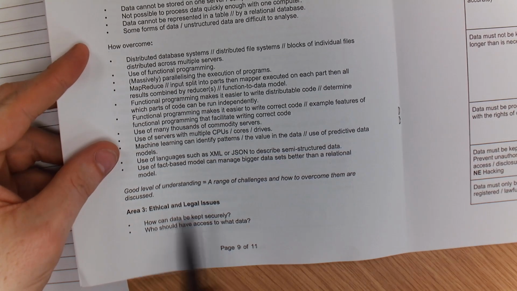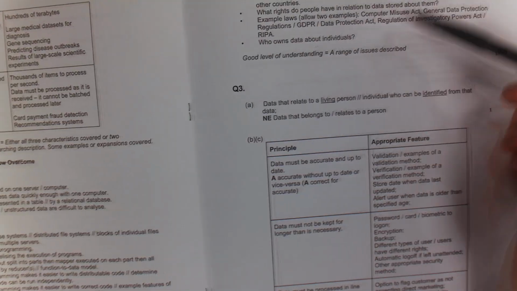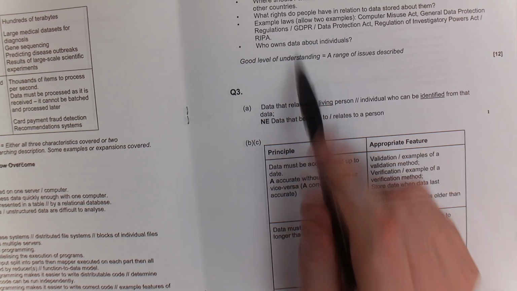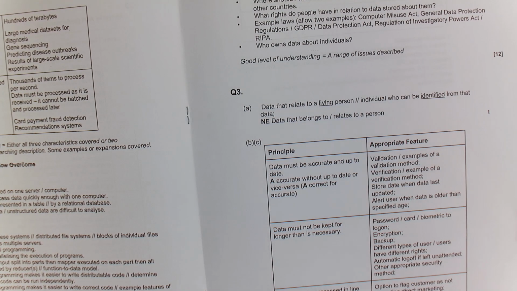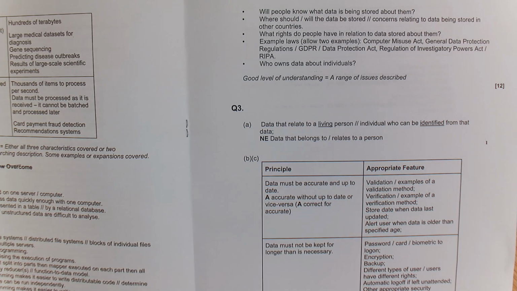But when it comes to ethical issues and legal issues, again, you're going to have to show that you actually understand what the issues are with it. There's a lot of sensitive data. That data can't be leaked. It's got to be kept secure. GDPR.